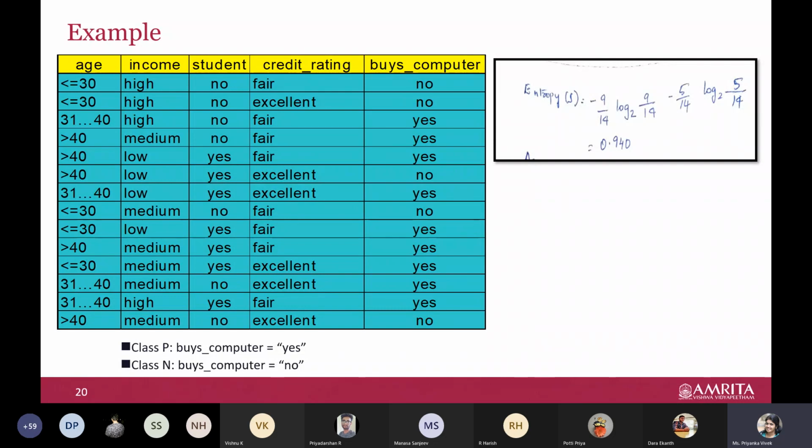That is one example usually given in all the machine learning books, the basic problem. Similarly this also. Now these are different attributes, and this is your class label.